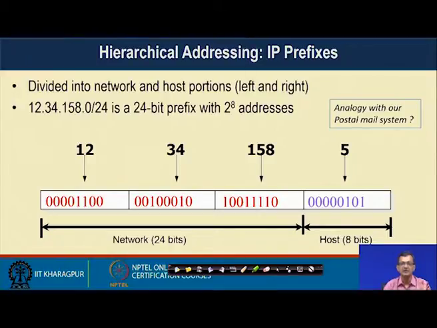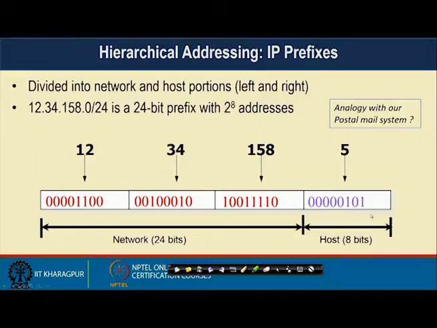So, there cannot be 0 1 type of mixing in between, right. It is a series of 1s followed by 0s, it masks, and whatever it masks out is the network address, right. Like here we say a 24 bit address, /24 representation. So, the first 3 octets represent the network, or the 24 bit network, and the rest is the host.